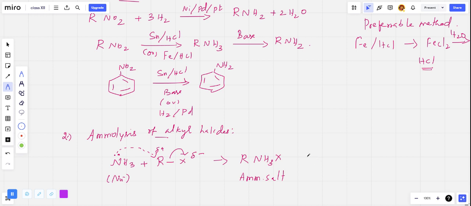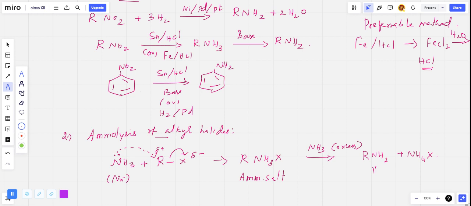If you are using excess of ammonia, you will get the primary amine along with the ammonium salt.